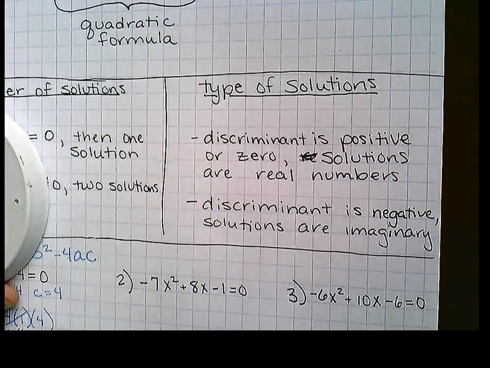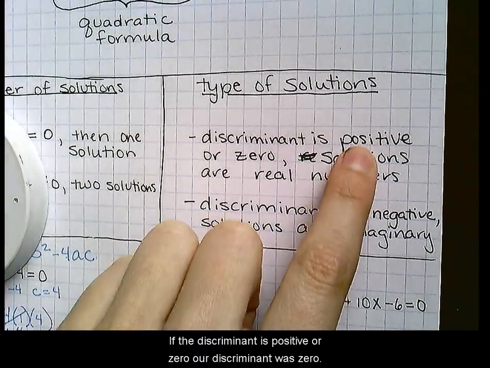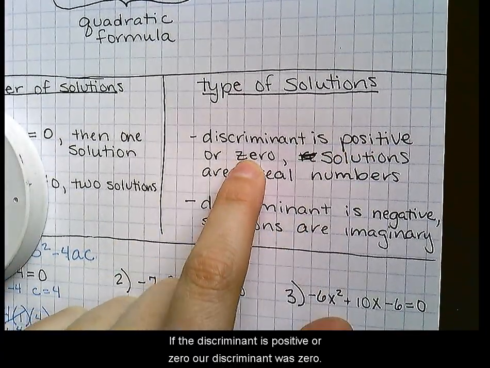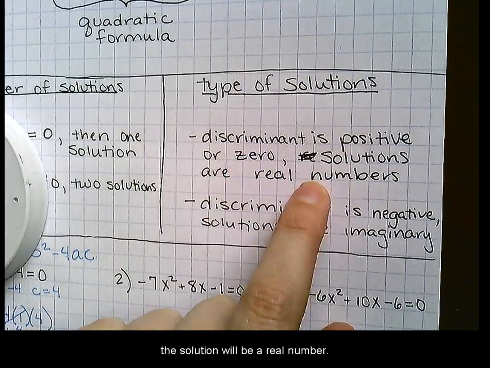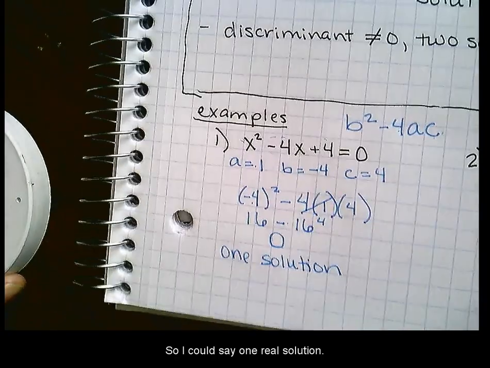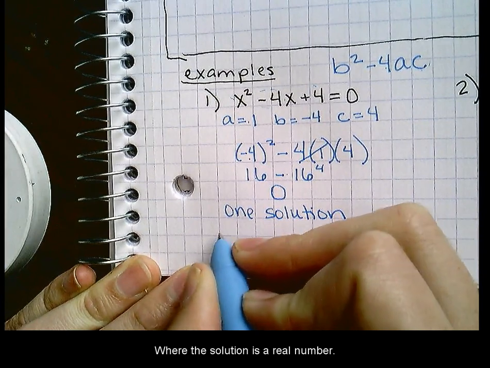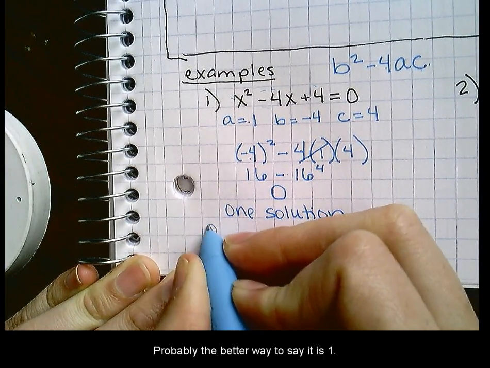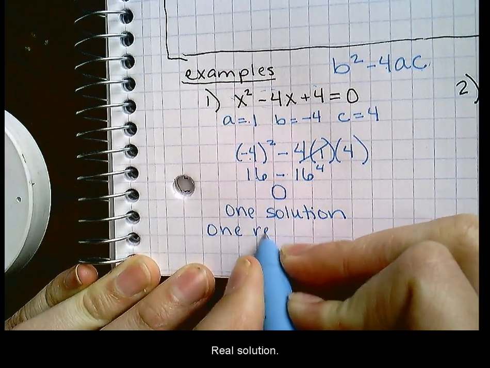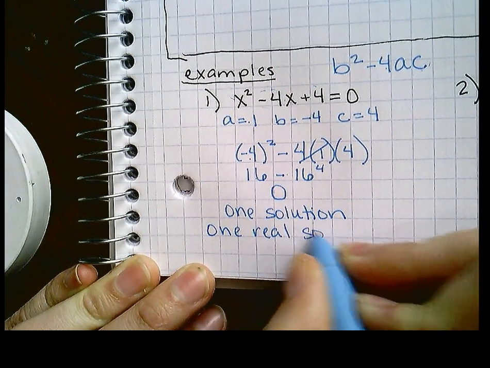If the discriminant is positive or 0, our discriminant was 0, our solution will be a real number. So I could say one real solution, or the solution is a real number. Probably the better way to say it is one real solution.